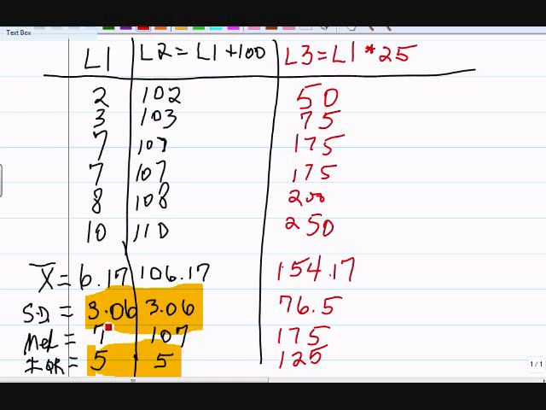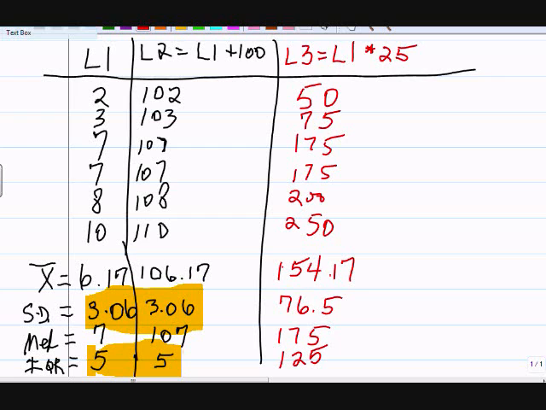What's 3.06 times 25? What's 7 times 25? What's 5 times 25? They all changed on a scale of multiplier of 25. Okay? Now let's see why that seems right.